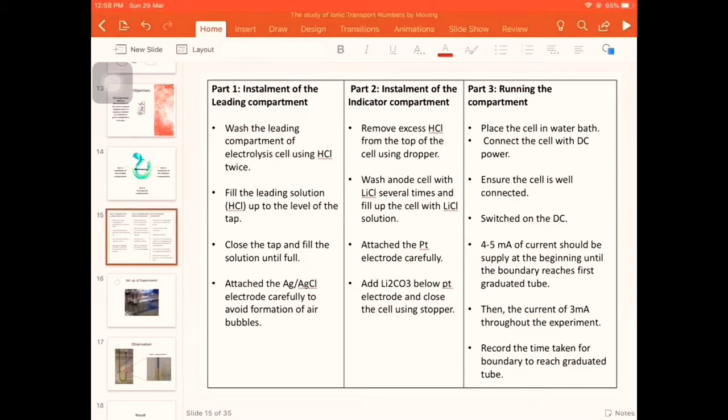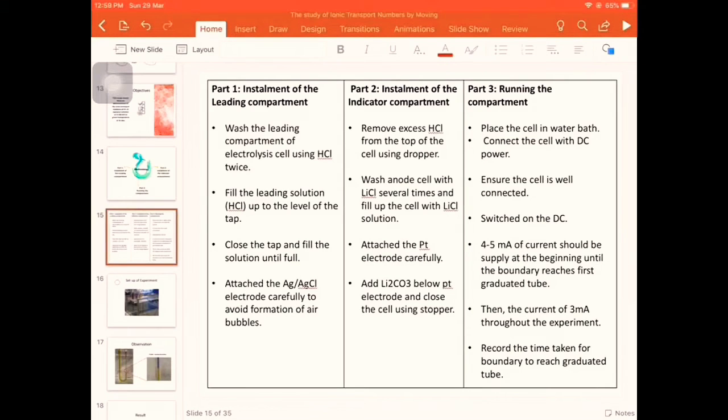This is to ensure that there is no wastage in the compartment, and we also wash it with chromic acid, as we know chromic acid is really functional to clear away all the stuff inside the compartment. And then we attach the silver chloride and fill up with the HCl. And not to forget, we put in some indicator to show the color, because our HCl is colorless.